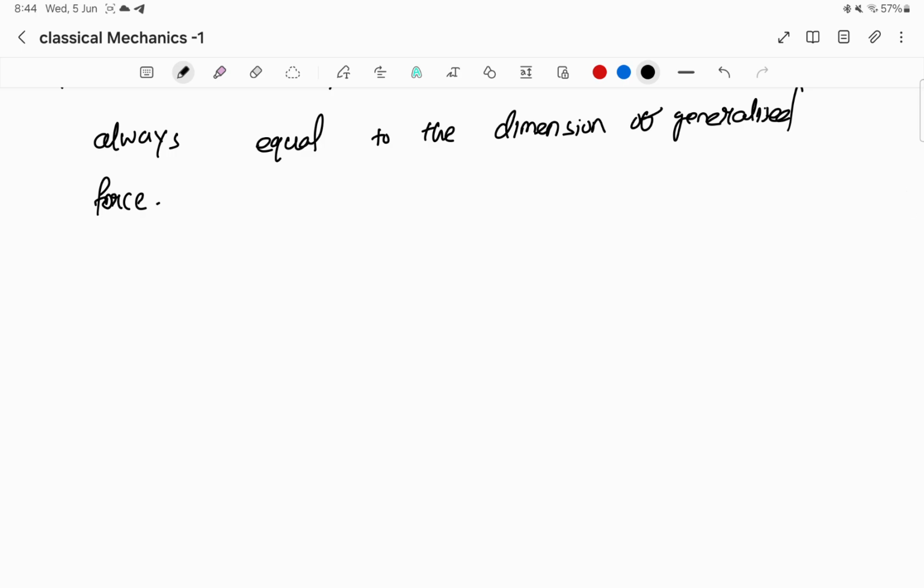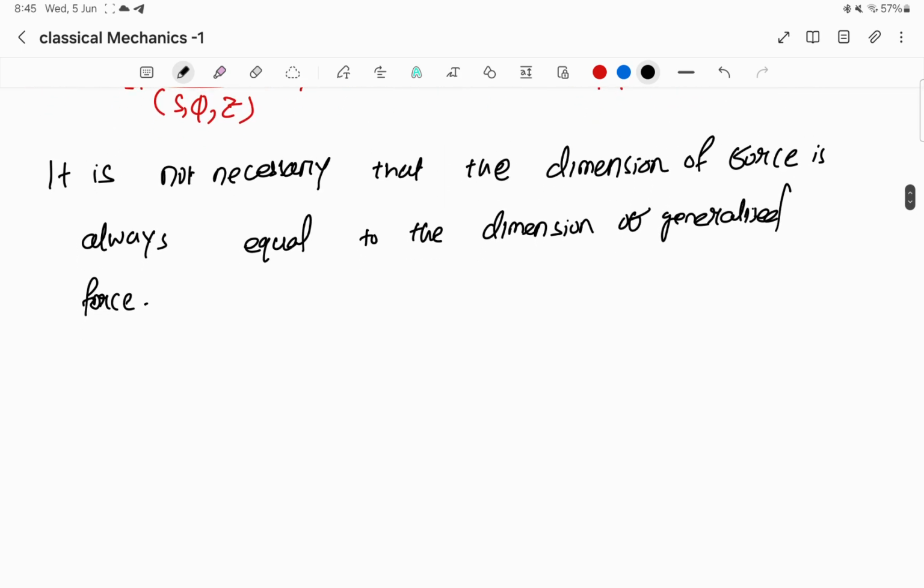Let me define the kinetic energy then. So we have coordinates, velocity and your force. Then the next thing is the energies, the kinetic energy, the potential energy.